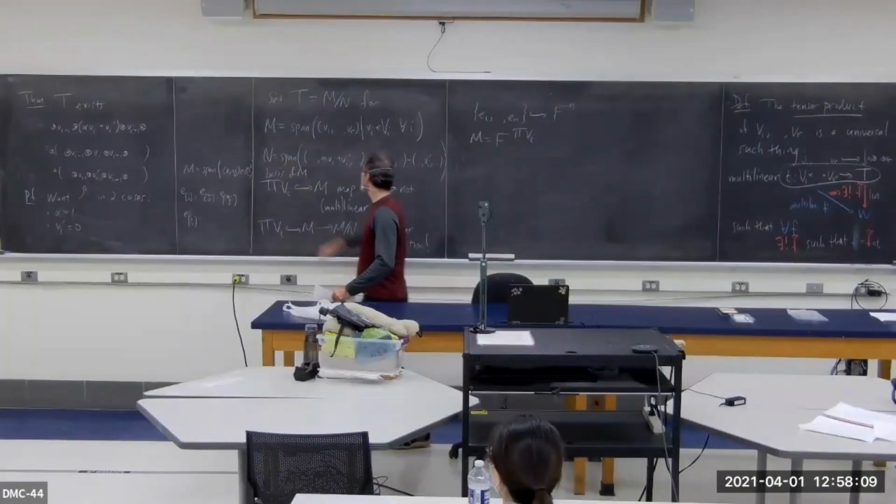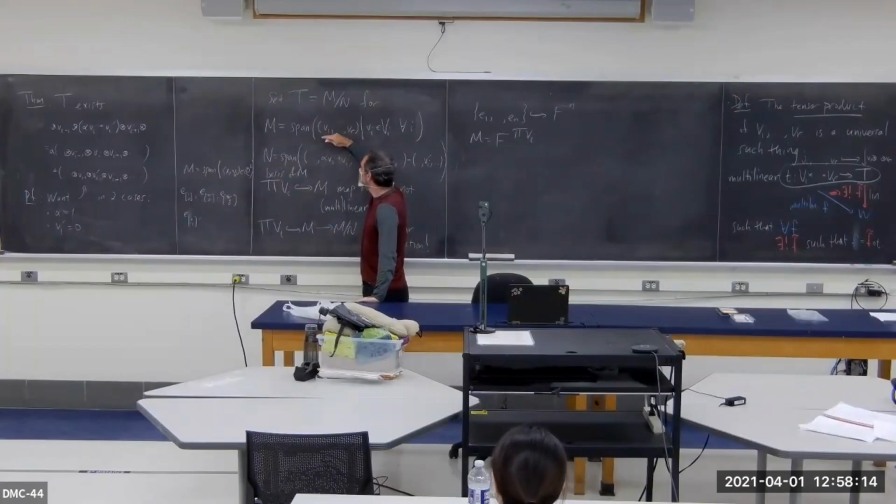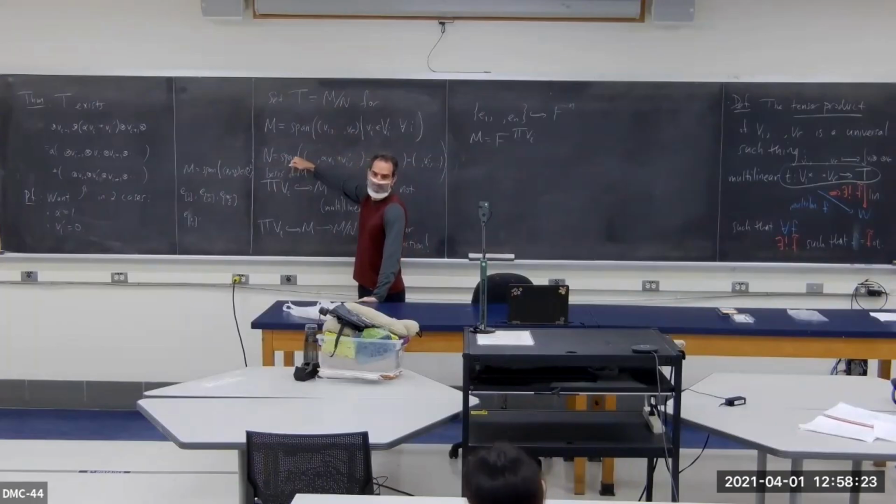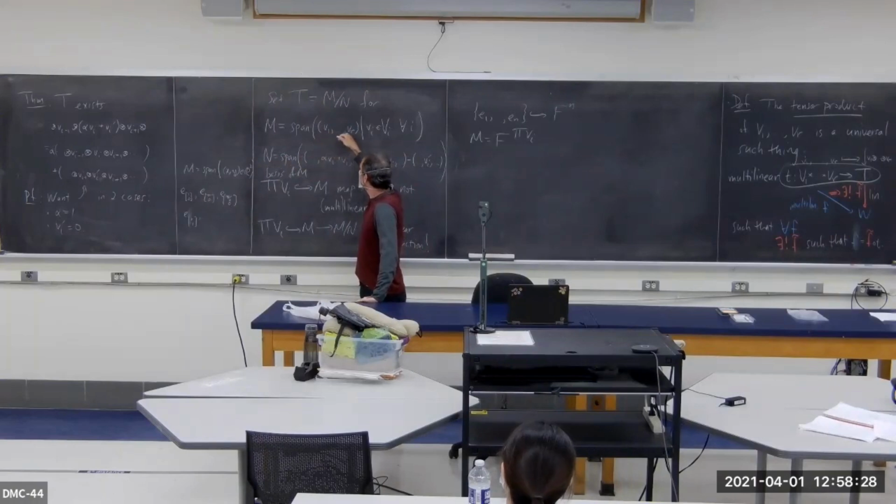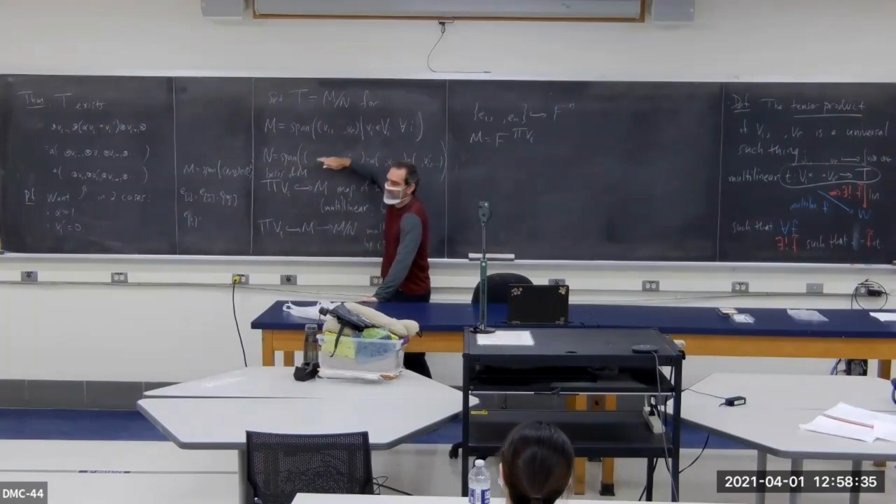Yeah, the second one. So what this is saying is that I have a bunch of symbols. Each symbol is supposed to be a list of elements of the V's, so it's an element in the product. And what N says is the relations among them. So think generators and relations. If I have three elements of this product, this guy is a basis vector of capital M. It's the basis vector that has some V's and then a linear combination in the I slot and then some more V's.